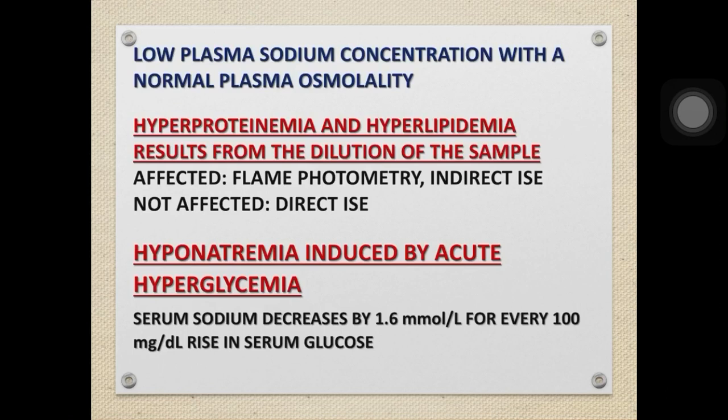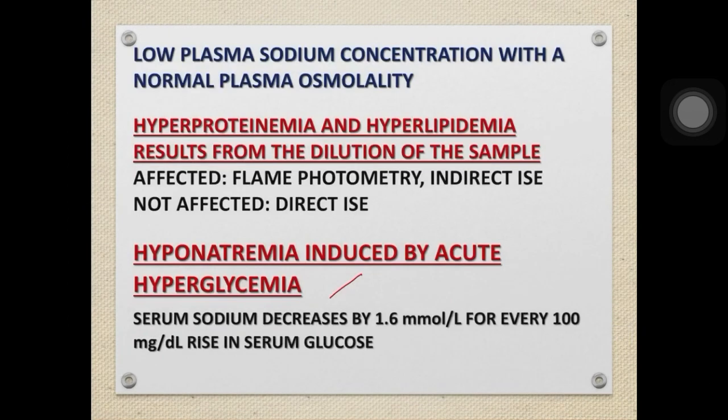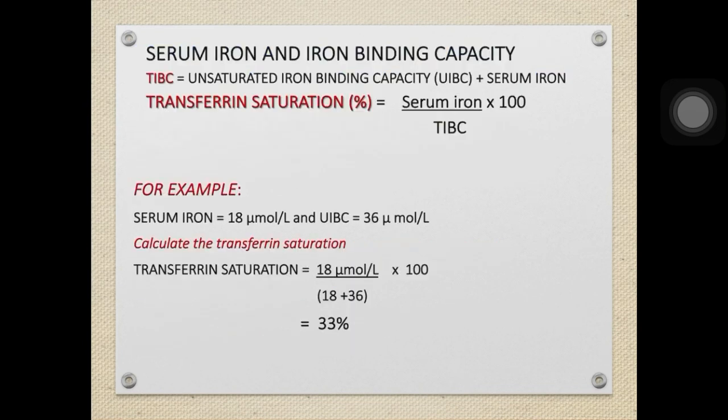Pero hindi po lahat ng situation na mababa ang sodium, normal osmolality ay pseudohyponatremia. Baka naman this can be indicative of acute hyperglycemia. So pwede rin po dito na remedy na to check for the glucose. Serum sodium decreases by 1.6 millimole per liter for every 100 mg per deciliter rise in serum glucose.